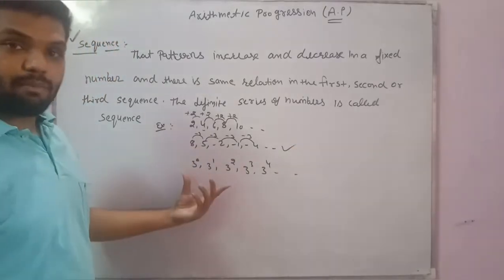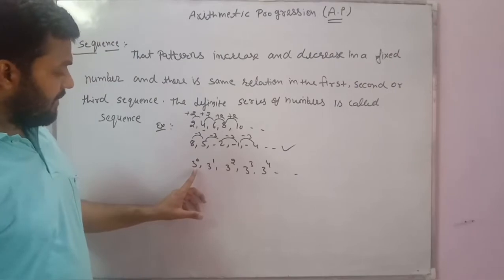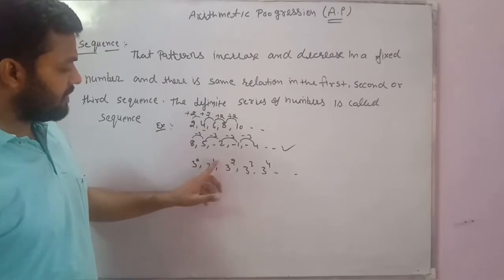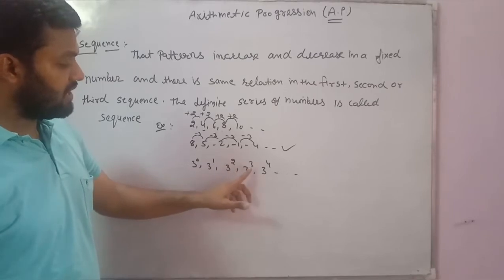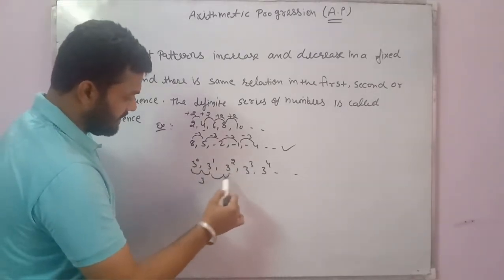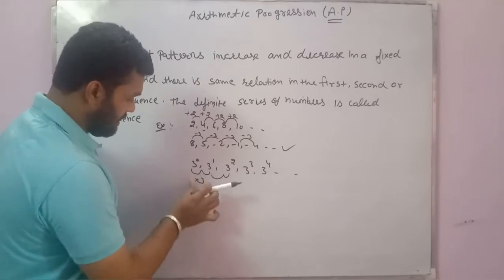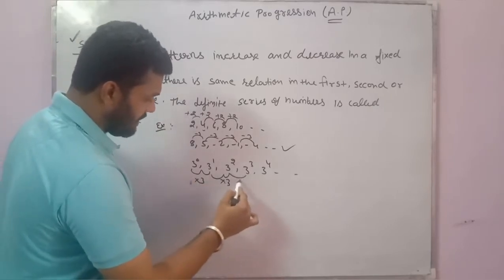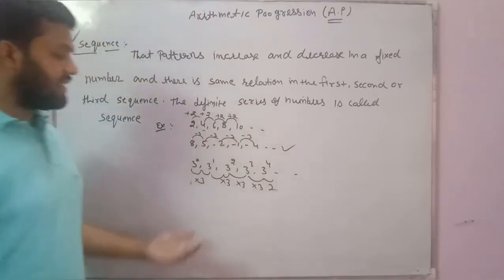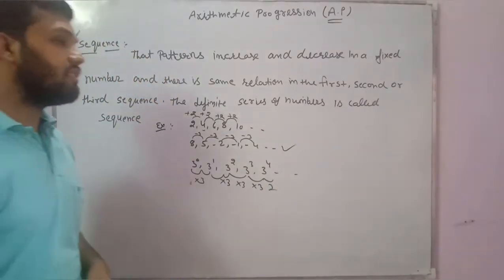In example number three, the power of 3 is increasing: 3 to the power 0, 3 to the power 1, 3 to the power 2, 3 to the power 3. We multiply by 3, multiply by 3, multiply by 3. This is also a sequence.